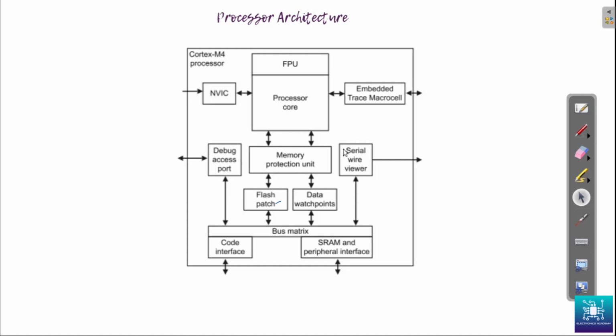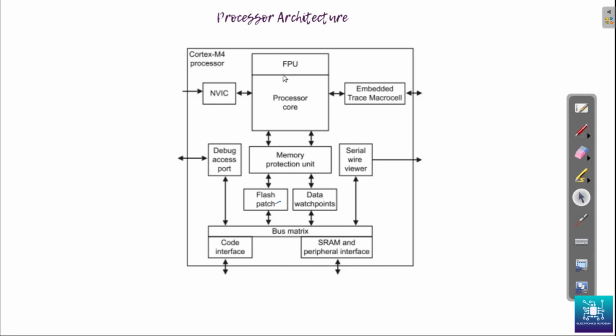From the processor core, you have a memory protection unit here, which we talked about, and then you have a flash patch, which is used for connecting to the flash. You have the data watchpoints, and then you have the SRAM and peripheral interface and the code interface, and this is the bus matrix. We'll have a look at the bus matrix shortly.